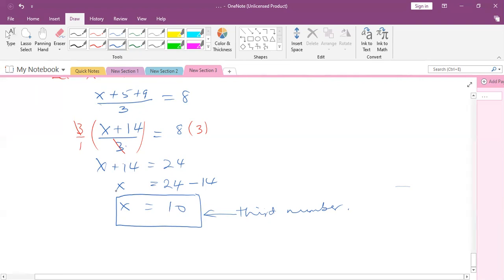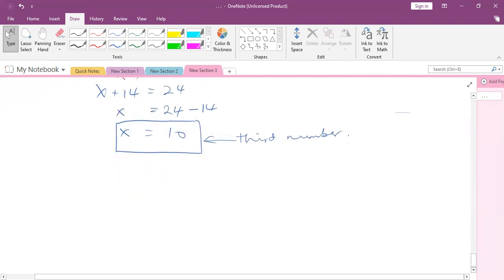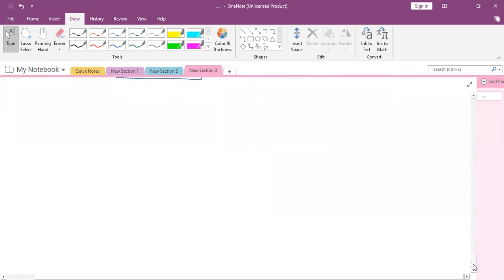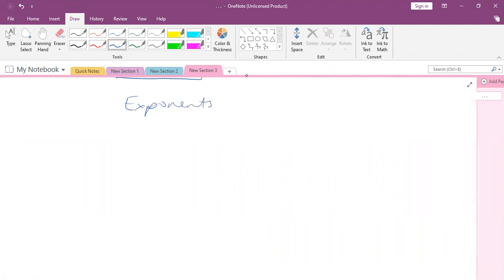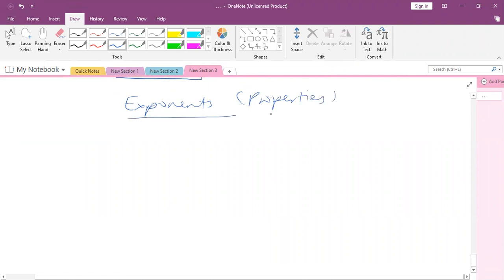Okay, great. The next topic that I want to look at is a little bit of an overview of exponents, exponential functions. And then we want to look at the properties of exponents.